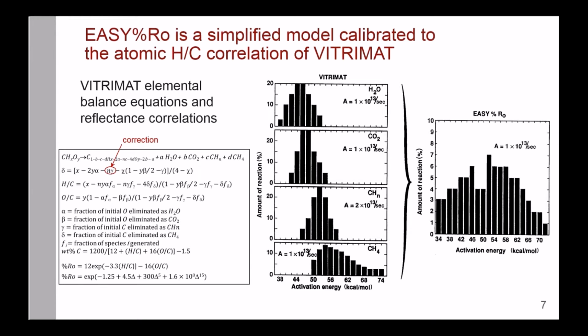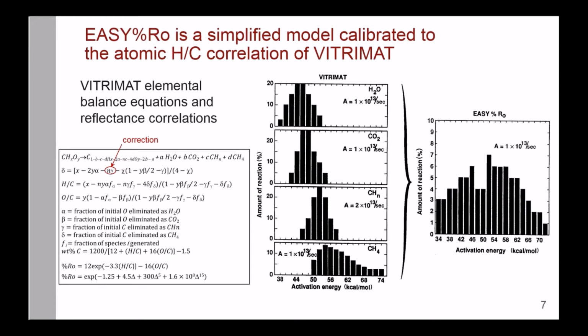There was some confusion at the beginning saying that these were determined by open pyrolysis. That's really not true. Open pyrolysis was taken into consideration, but confined pyrolysis was really the main source of data that was used to calibrate Vitrimat. Now, EZR0 essentially says we have activation energies ranging from the mid-30s to the mid-70s, and this said, okay, let's see if we can just have one global reaction taking care of all that.